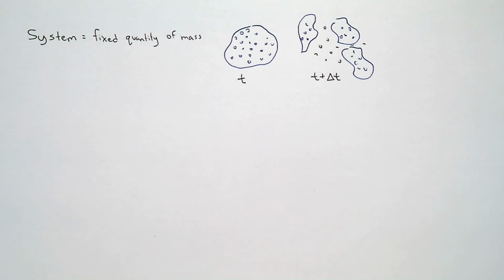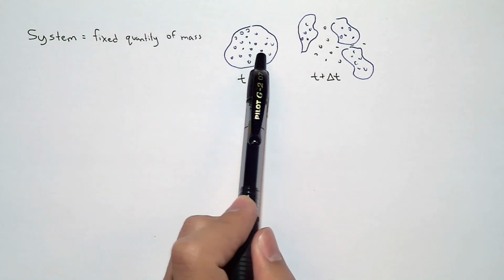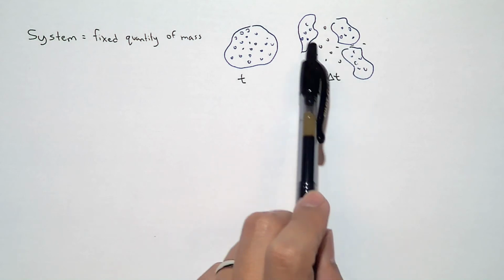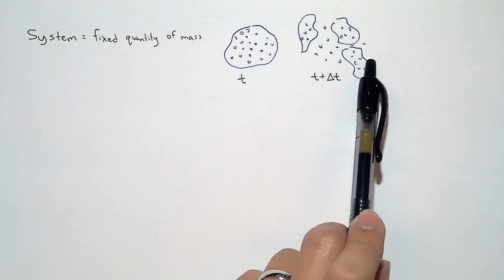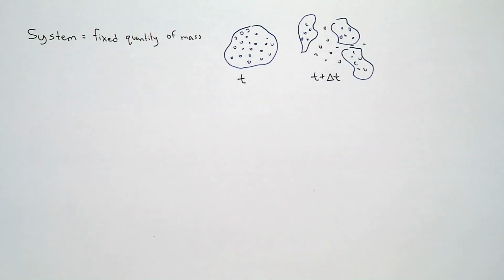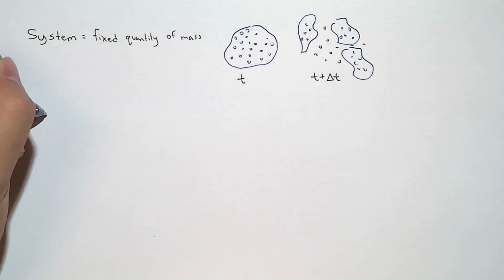As we can see here, we have these little blue particles, and as time passes, they mix with other particles, but our system is still the blue particles. Does that make sense? System, you follow the particles. They can move away from each other, they can move towards each other, but you follow the particles and only the particles, okay? On the other hand, a control volume is a volume, right? Of course.